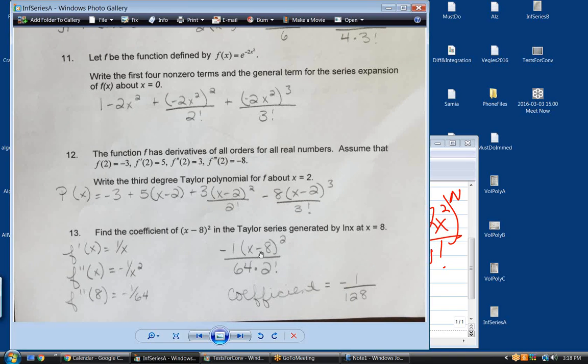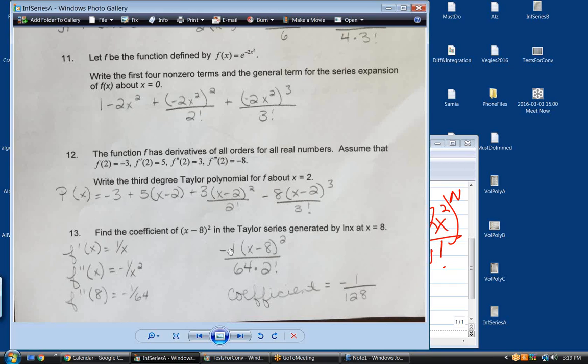Oh, well, that would be the second term of it, excuse me. So, all right. The first thing they do is find f prime of x, which is 1 over x. You know, the derivative of natural log of x is 1 over x. Second derivative is minus 1 over x squared. The second derivative evaluated at 8 is minus 1/64th.